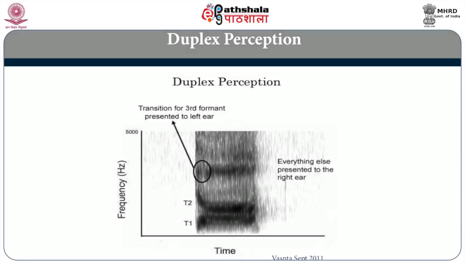The circle shows transition of the third formant alone given to the left ear, and then everything else is presented to the right ear. That is the transition plus the formant which contains the vowel information. The entire information is given to the right ear, and the left ear is receiving only the formant transition, which sounds like a chirp. I believe listeners heard both. So, what does it mean? What sense to make of duplex perception?